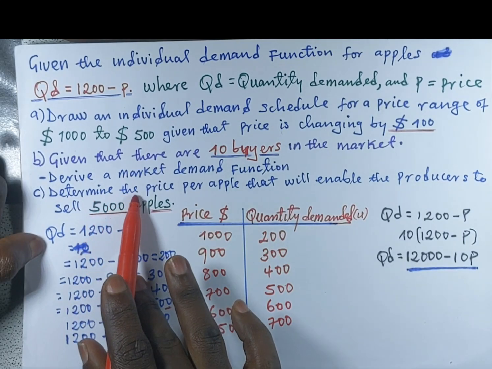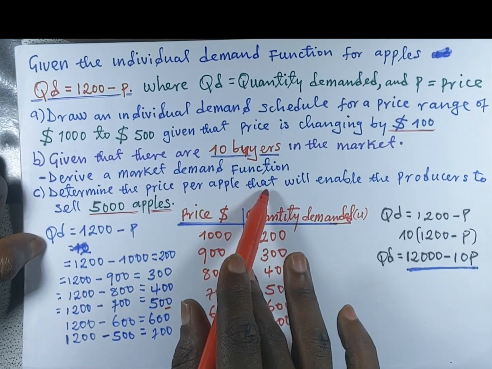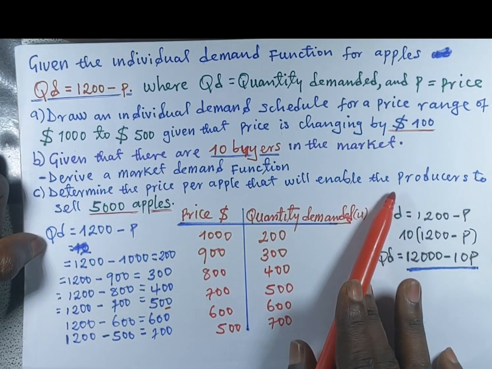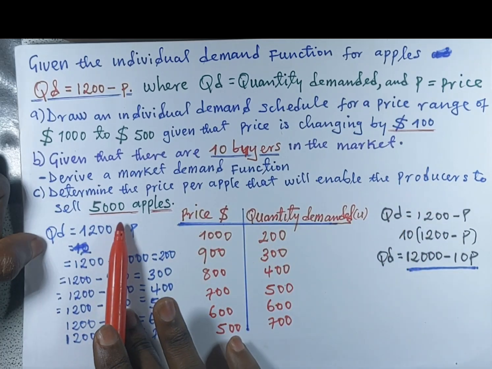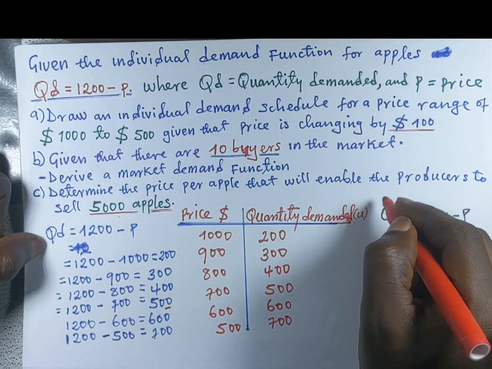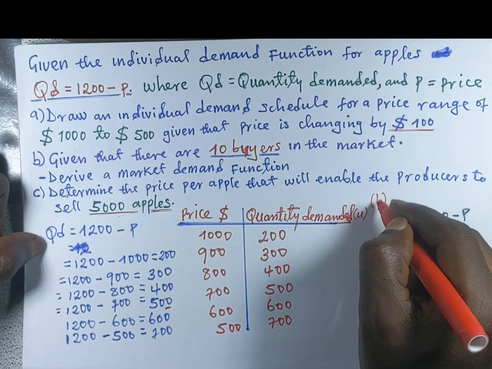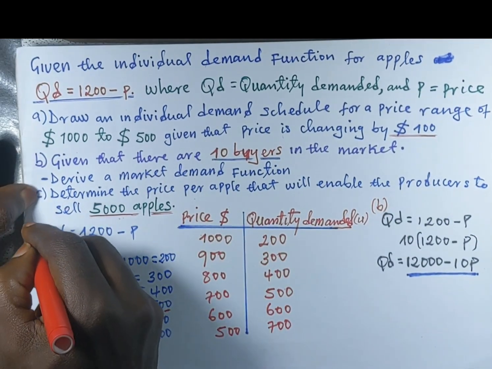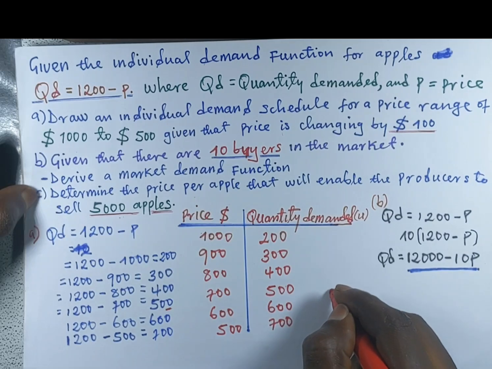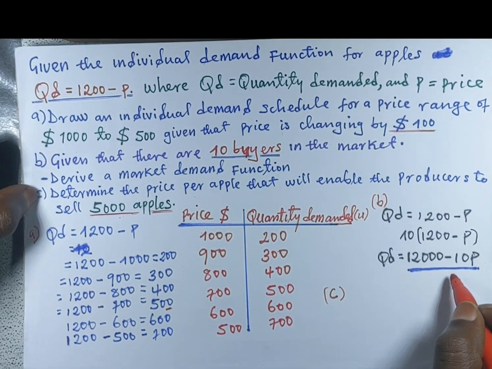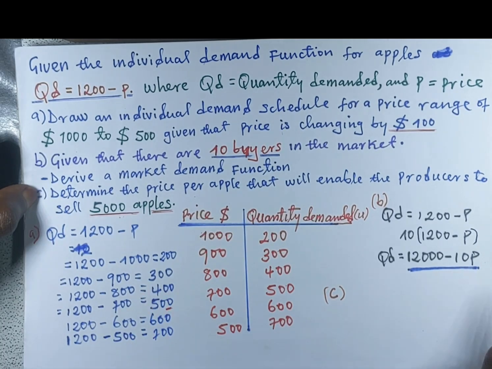The last question says that we should determine the price per apple that will enable the producers to sell 5,000 apples. So let's say this one is A, this is B, and this one should be C. We're going to use this market demand function to determine the price per apple that will enable the producers to sell 5,000 apples.